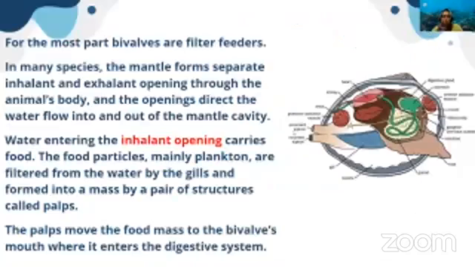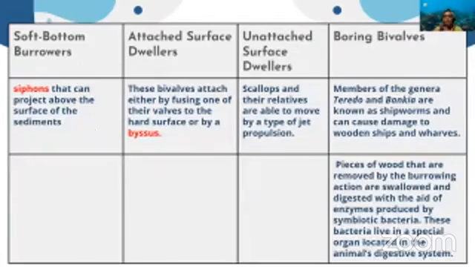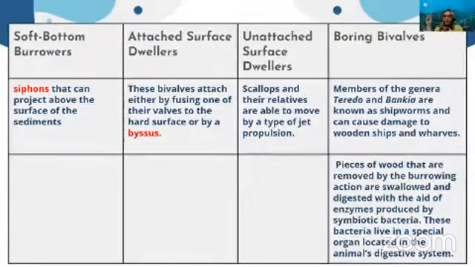Some bivalves can move, like scallops, so they are not attached. The boring bivalves are attached, or else some bivalves have these byssus threads, so they get attached by these byssal threads to hard surfaces.